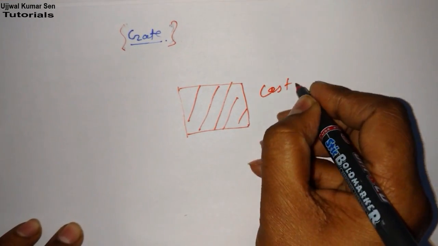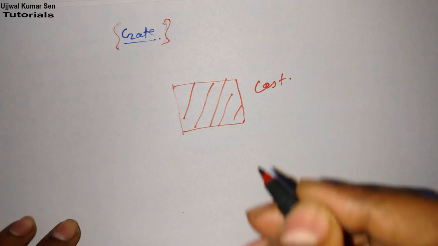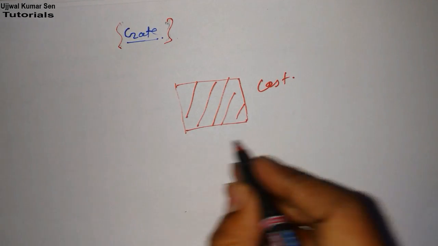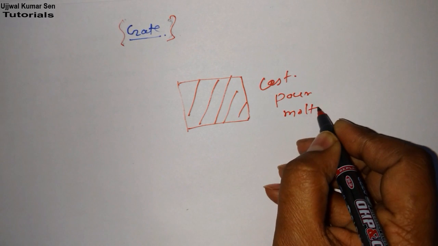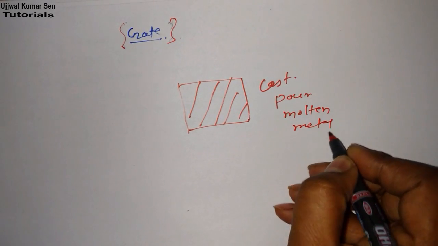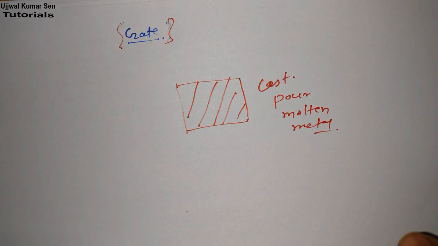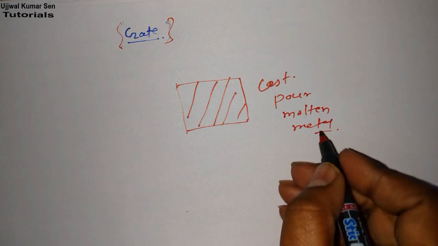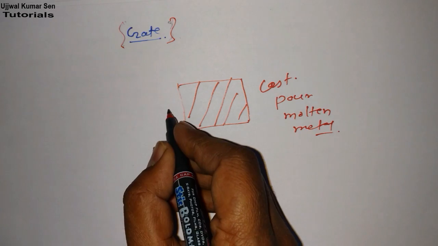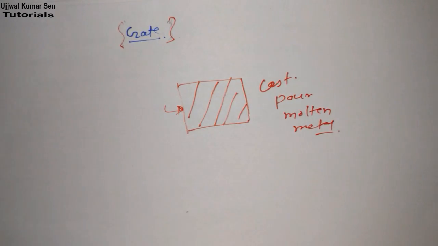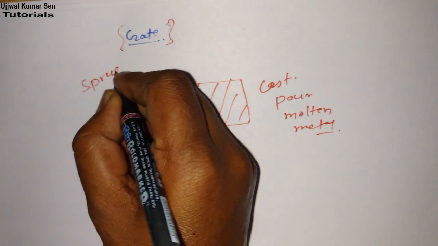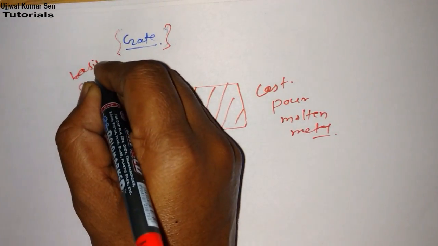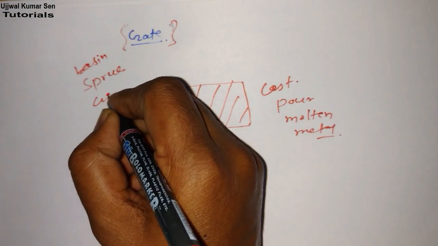We will create the mold, but we have to pour molten metal, which could be ferrous or non-ferrous, depending on what type of casting we are doing. For pouring this molten metal into the cavity, we require something known as a sprue, a basin, as well as a gate.